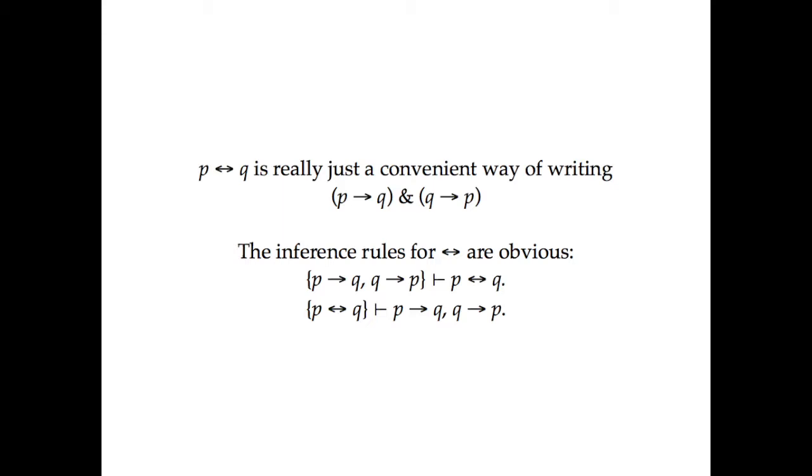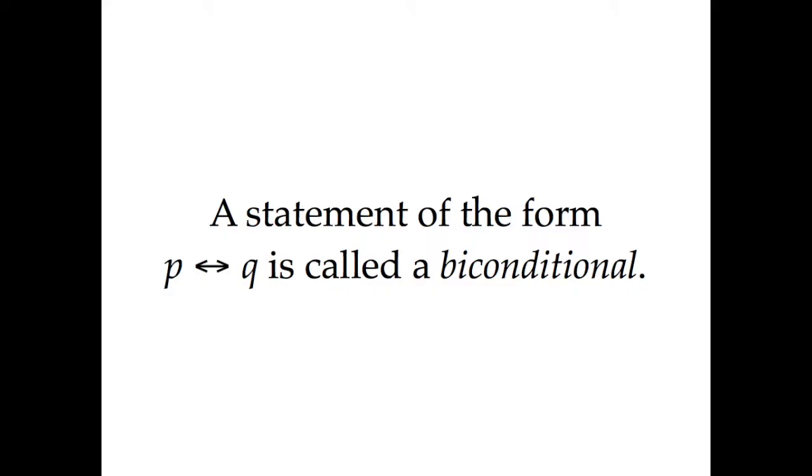And the elimination rule says that if your premise is p if and only if q, that premise proves p arrow q, and it proves q arrow p. So it's just like and introduction and elimination. A statement of the form p if and only if q is called a biconditional.